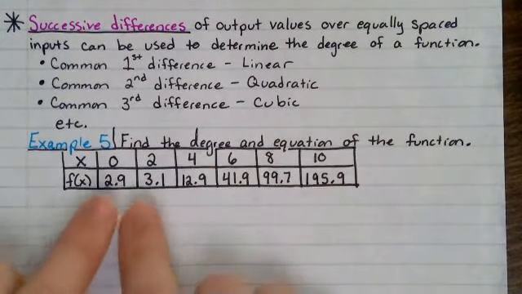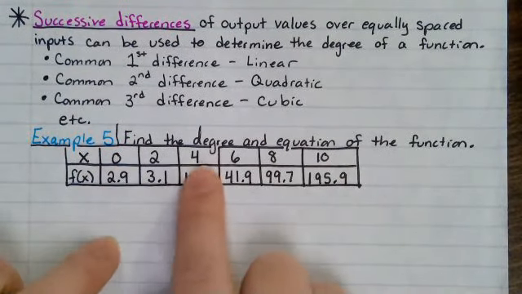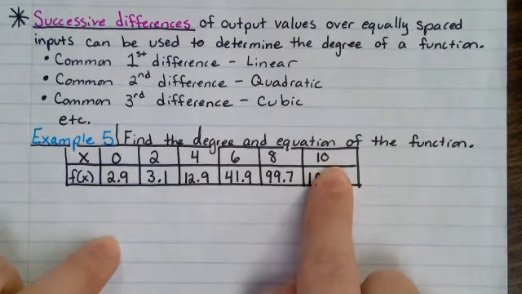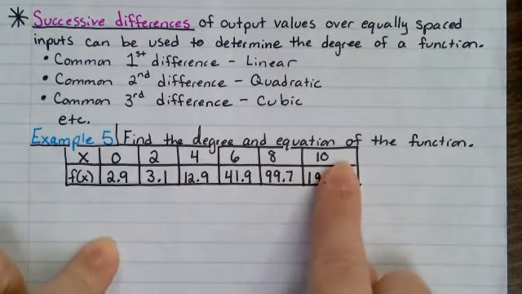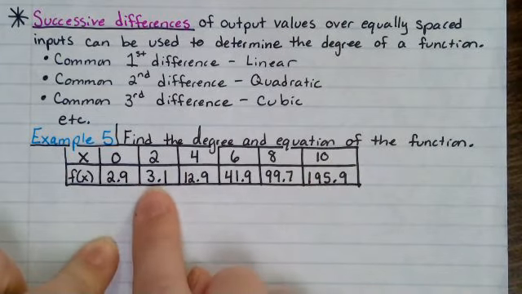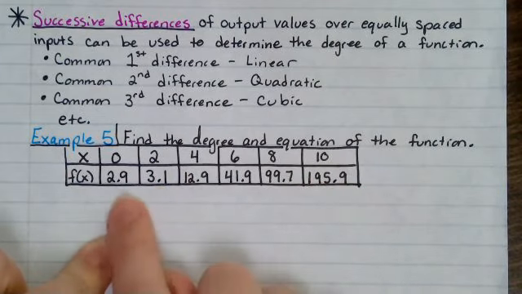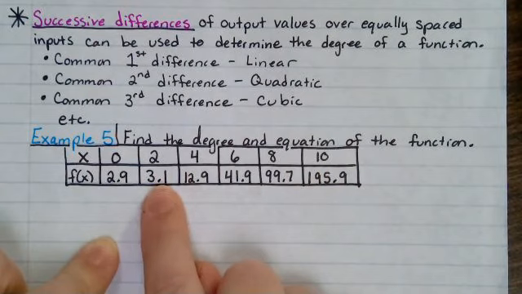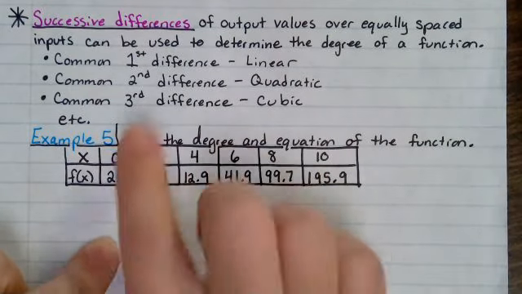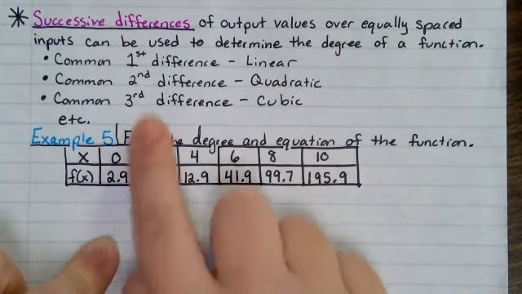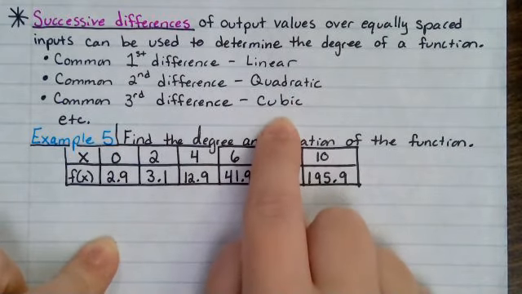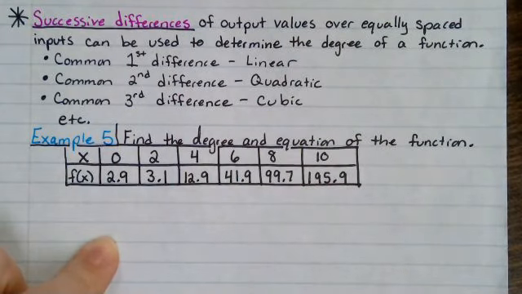If you look at also your x's, your inputs have to be equally spaced. So you're seeing in this problem, these are spaced by 2. So they're equally spaced. My y's, if the first difference is the same, then it's linear. Okay. But if the second difference is the same, it's actually quadratic. If the third difference is the same, it's cubic. And I can keep going up that list.